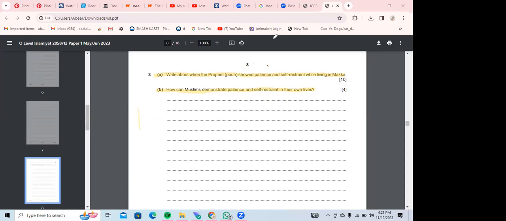Then in part B, you have to tell how Muslims nowadays can demonstrate this in their own lives. For example, teachers or parents have to be patient when the kid is not listening. Do you understand?